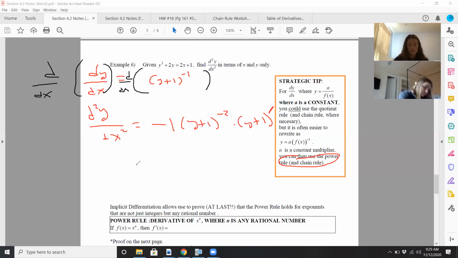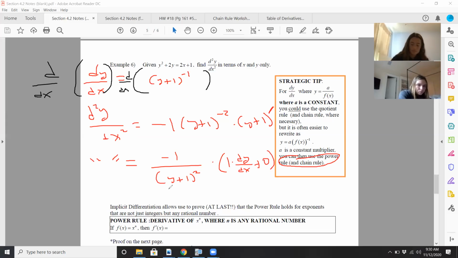I'm just repeating the previous step. That's negative 1 over (y plus 1) squared, of course. And the derivative of y is going to be 1, but you've got to say dy over dx. And the derivative of 1 is 0, so you put 0.